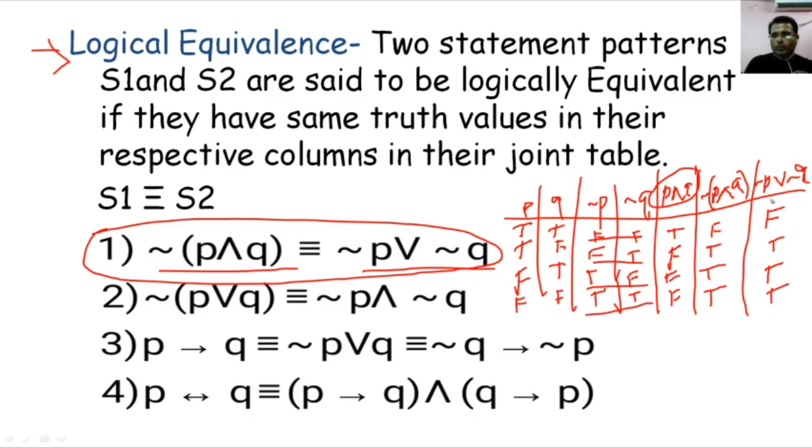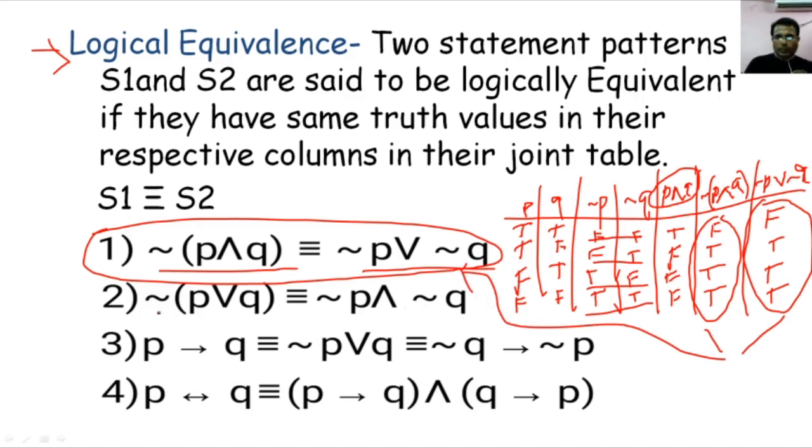So you will observe that this column and this column give you same truth values. So these two columns are identical, and therefore we will say that this is a logically equivalent statement. Similarly, you can check for others.